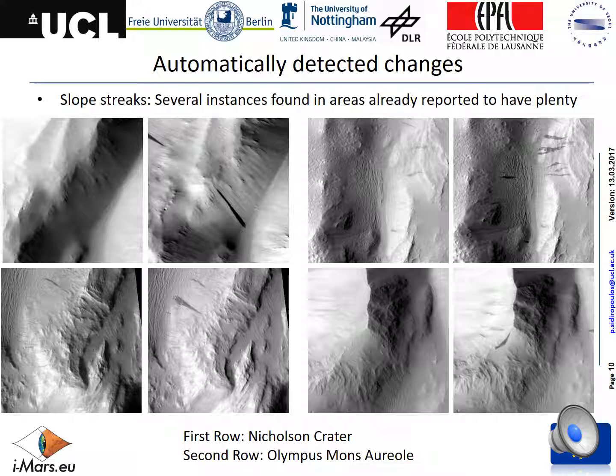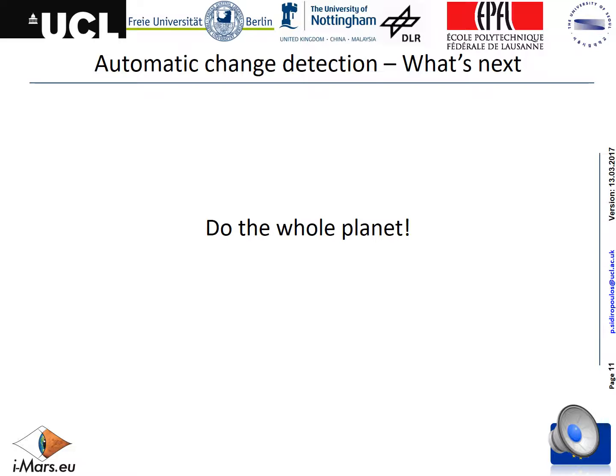This work will happen in the near future, and we are also going to process the whole planet. We are going to do change detection on all the co-registered images that we are going to get, and we plan to detect many more changes, many more new instances, and augment the catalogs that are already in the literature.